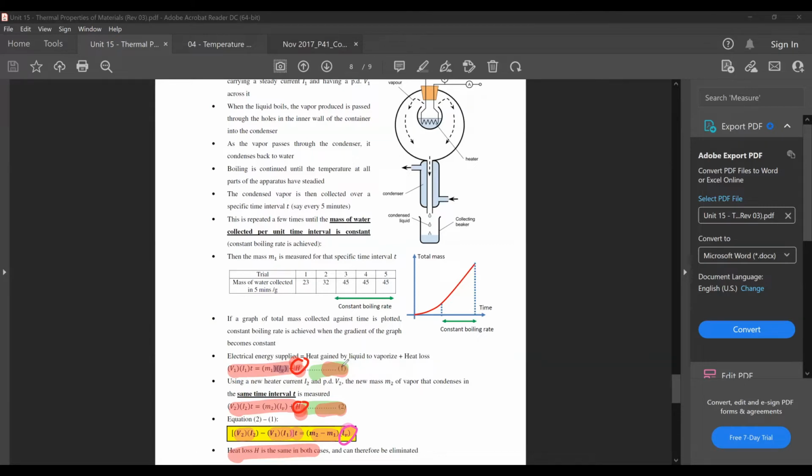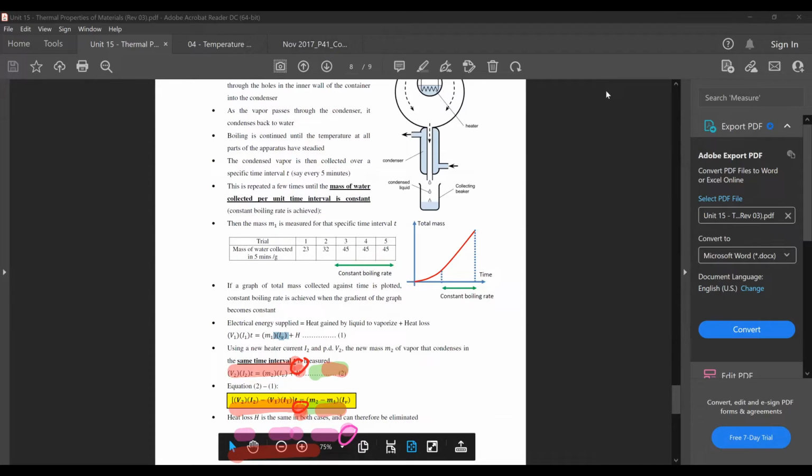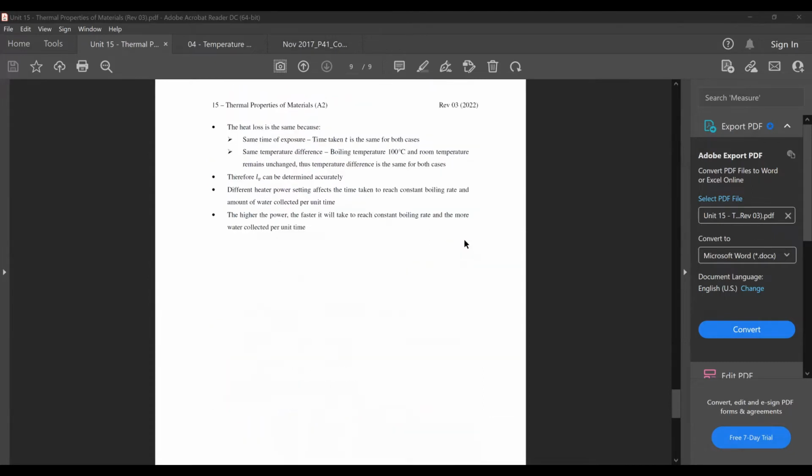All right. Now, why is it in the first place that heat loss can be eliminated? The reason why we can say heat loss can be eliminated here, even though we are using different power settings, is because of two things. We can say that heat loss is the same, number one, because you have the same time of exposure. All right.